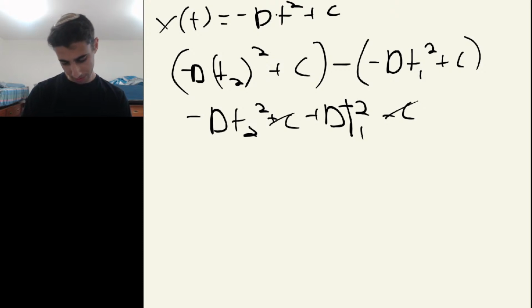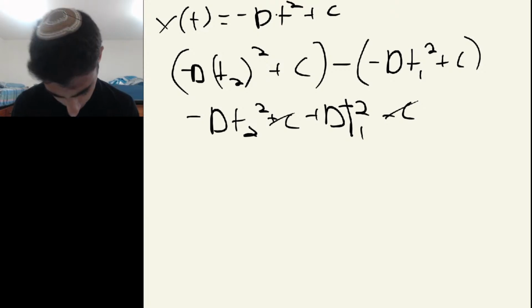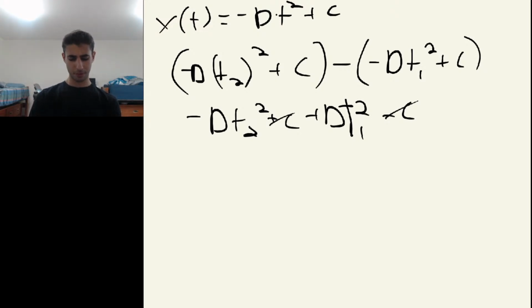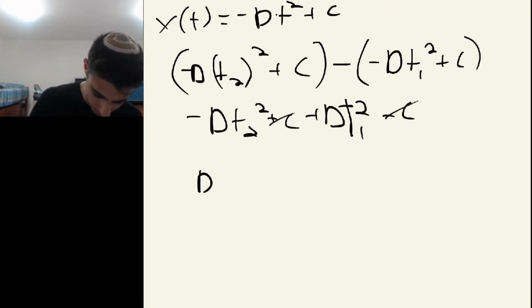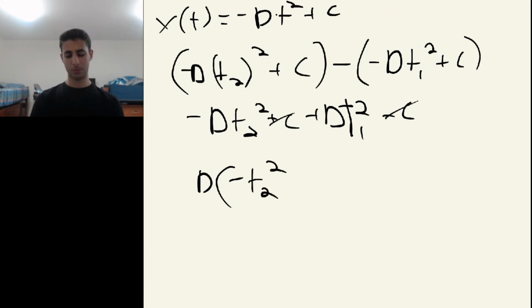What if I bring out a d from both of these? So I'm left with d times negative t sub 2 squared. But it's not negative t sub 2 squared, because negative t sub 2 squared is just t sub 2 squared. Something is so wrong with this. It's the negatives that are freaking me out.